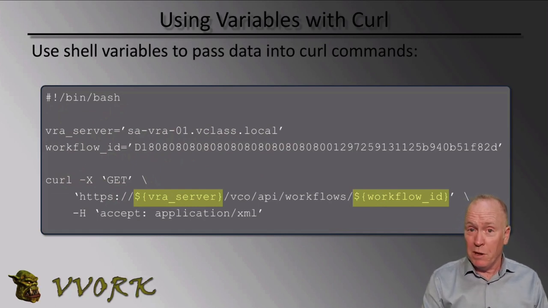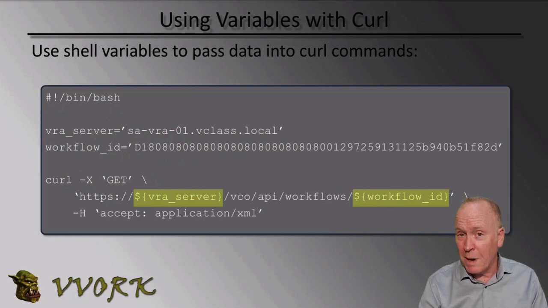But in general, you can use variables, not just the variables inside of Postman, but you can use variables in lots of useful ways, both inside Postman and outside Postman in other tools such as curl and those programming languages. So you now have a good deal of information about variables.